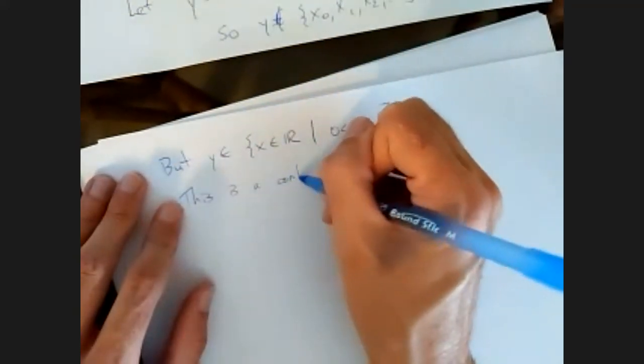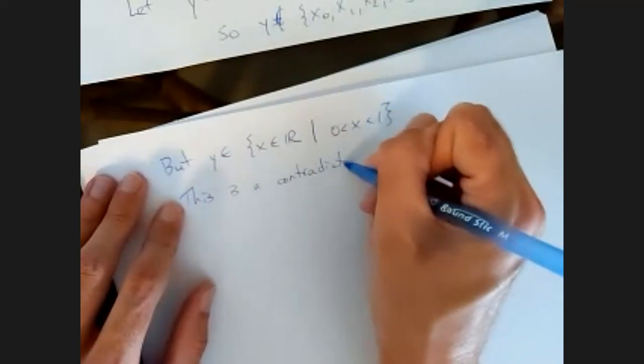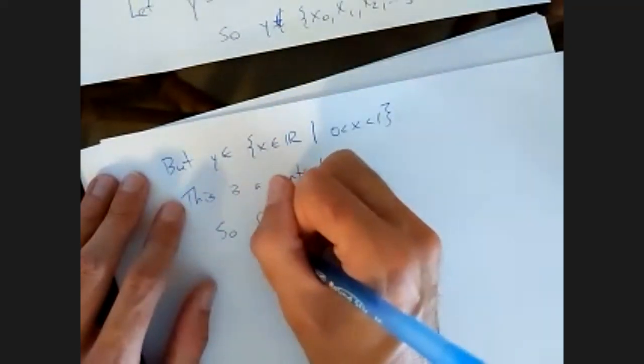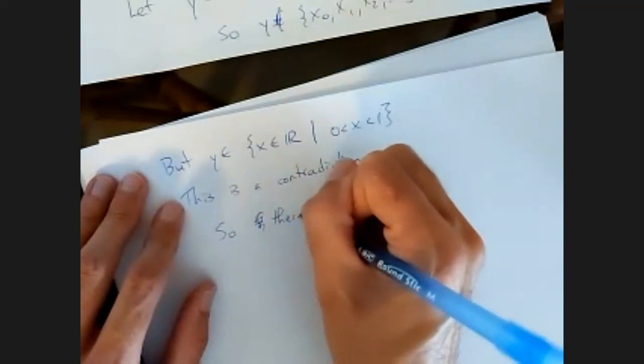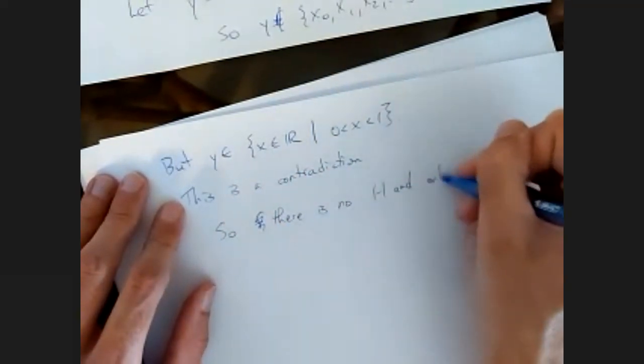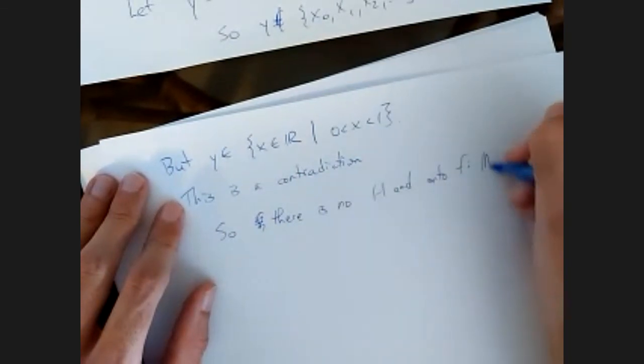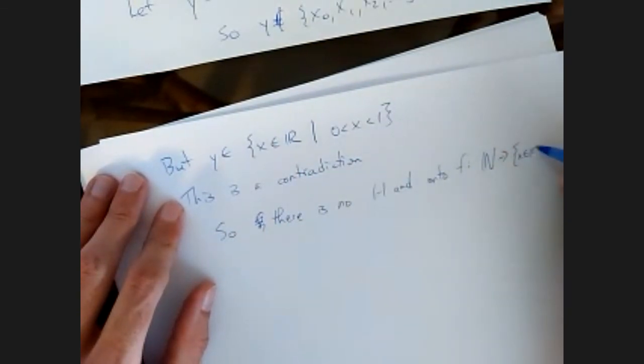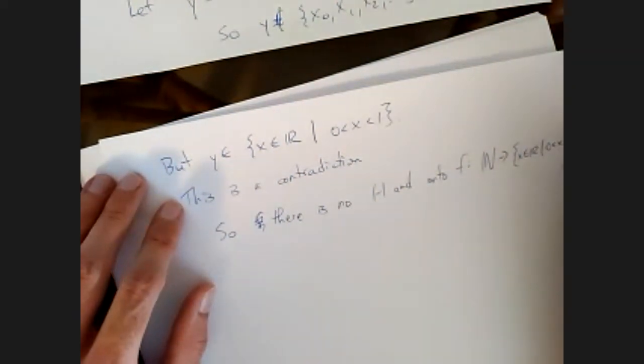So there's no way to get a one-to-one and onto function from the natural numbers to this set. So there is no one-to-one and onto f from the natural numbers to this interval.